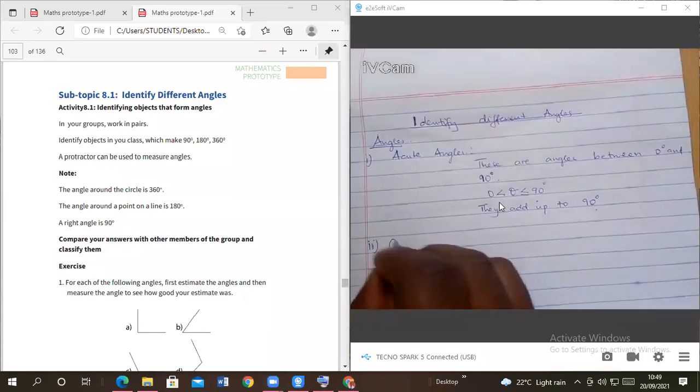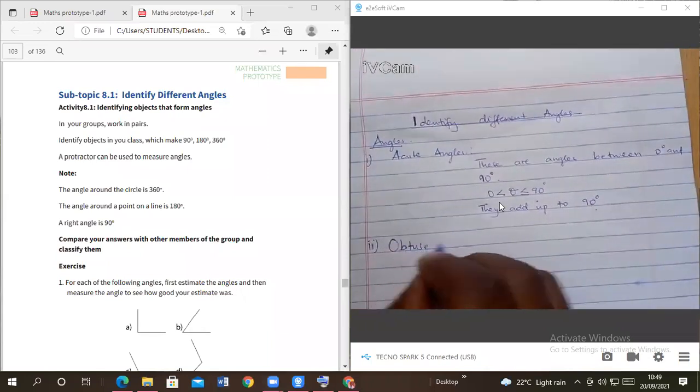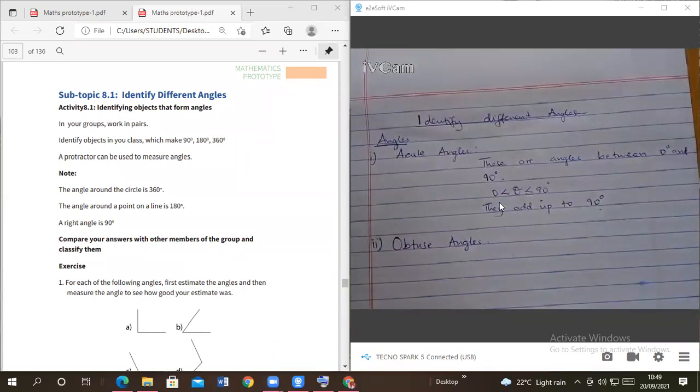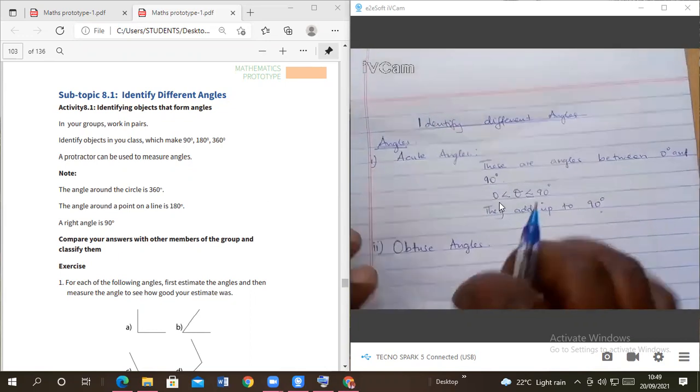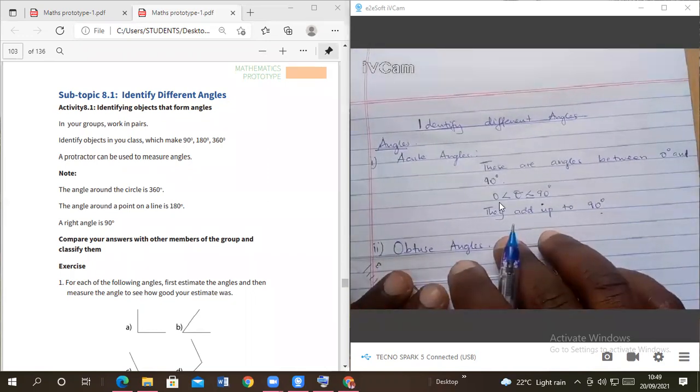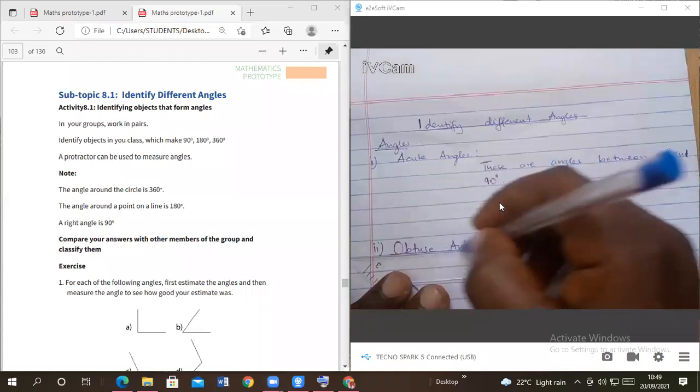They are called obtuse angles. Now you have remembered.